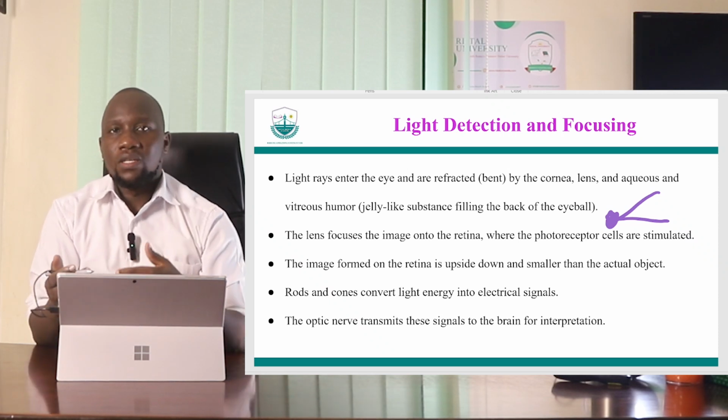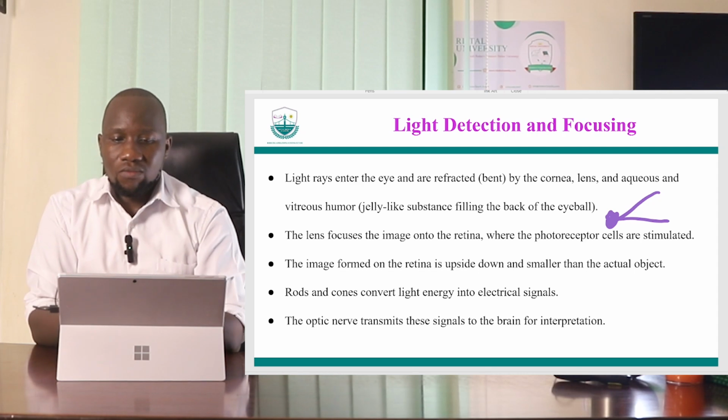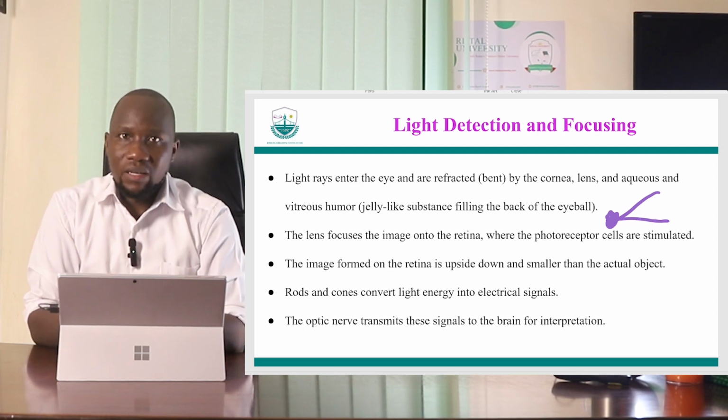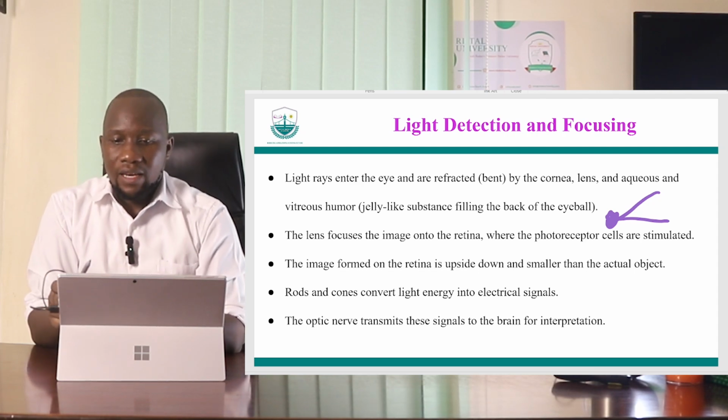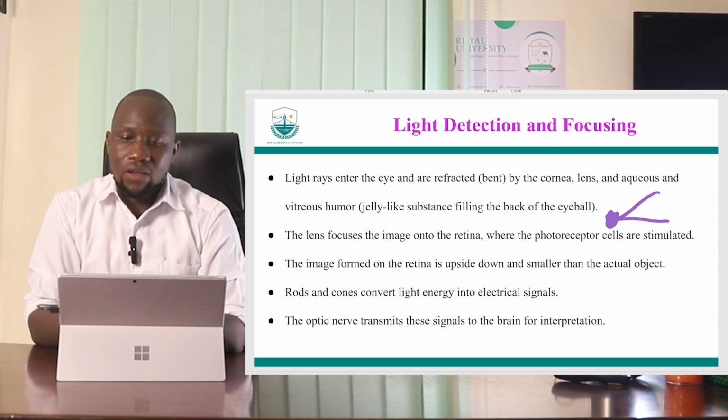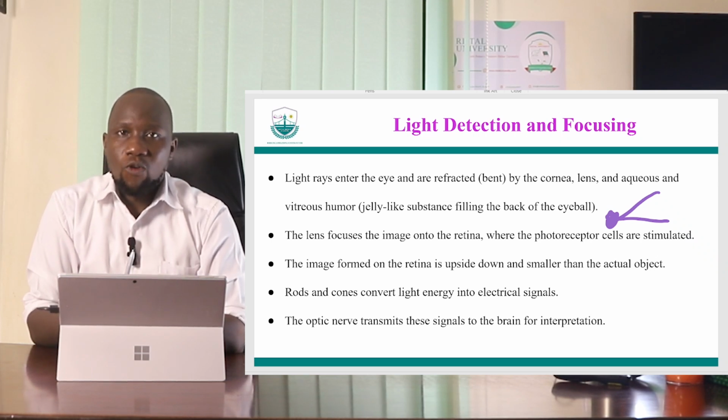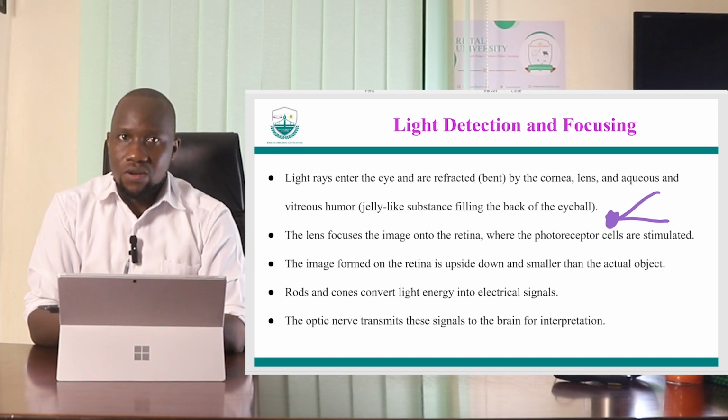So refraction happens at the cornea. The cornea plays an important role. The lens, even the aqueous and the vitreous humor, all these contribute in the refraction of light rays.